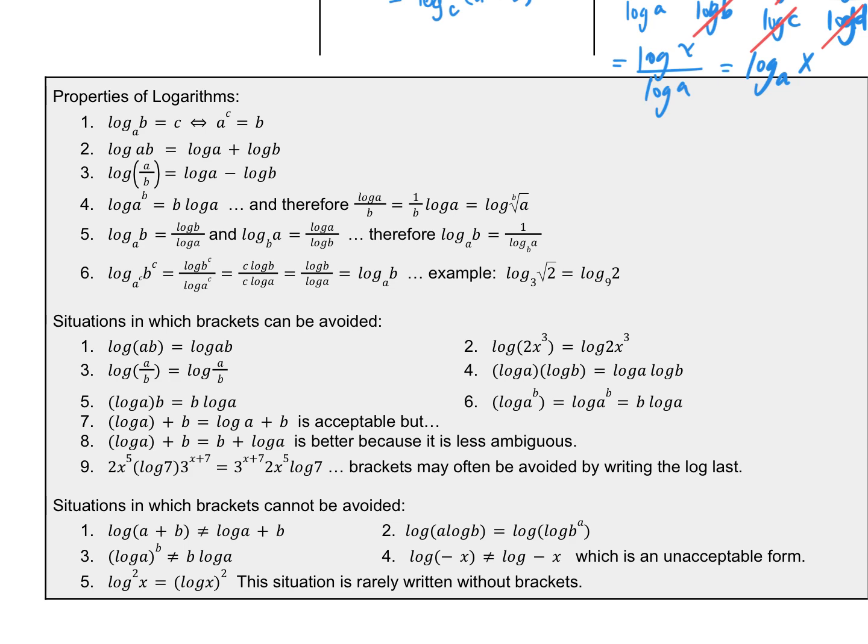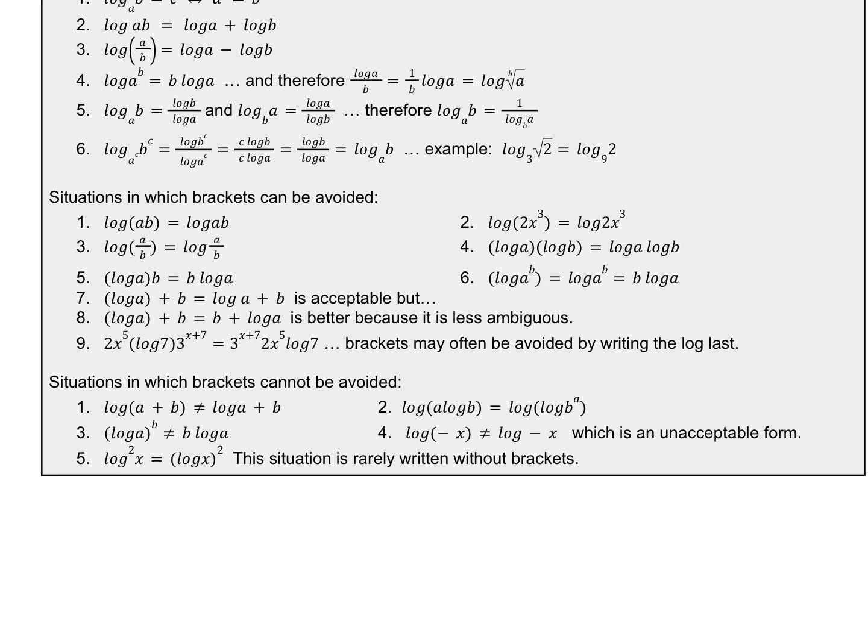Now it's the bottom ones that I really want to emphasize here. Here brackets are super important. If I want this to be a plus b and I'm taking the log of that, brackets are crucial, because if you don't have brackets, this is just find the log of a, and then after you do that, then add b. So these are not equivalent.